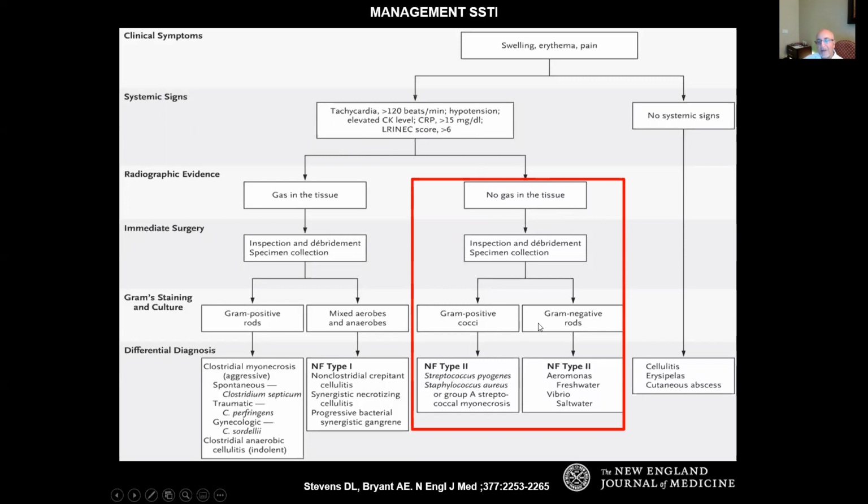If the patient is found to have gram-negative rods, one should get a history for Vibrio or infection from freshwater or saltwater lakes or sea, which may require doxycycline.